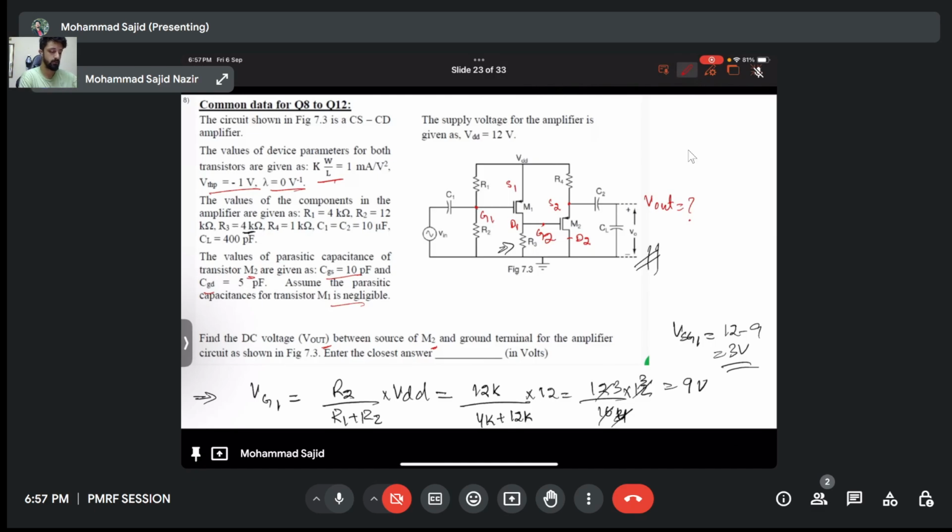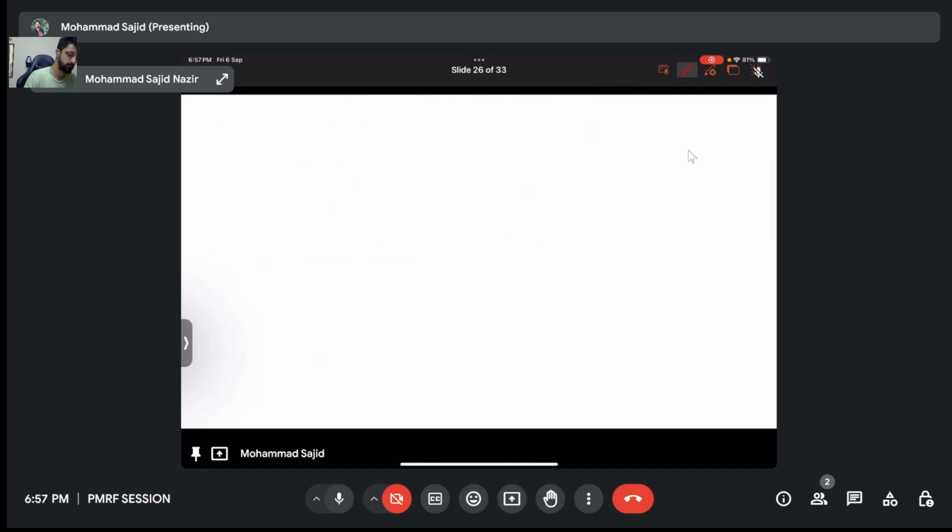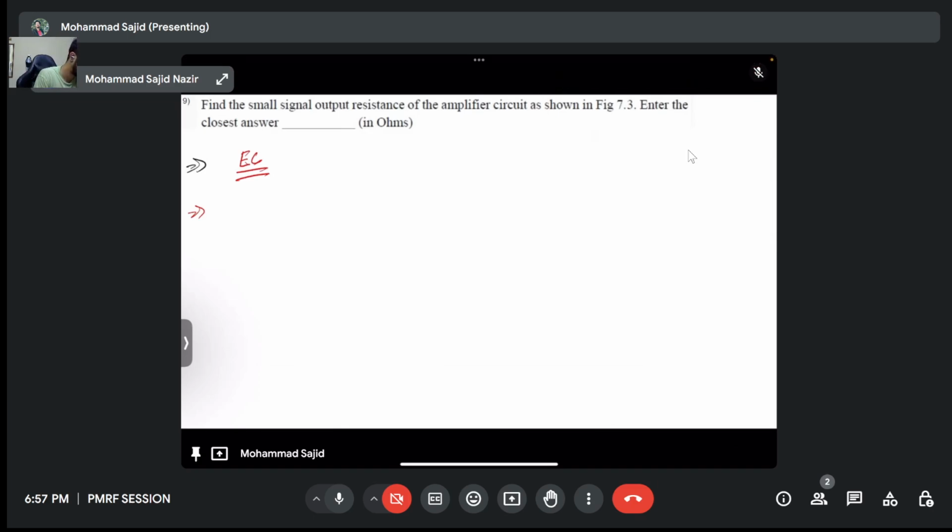Let's draw first for M1, which is simple. Since we need to find the output resistance, we go to ground. If it goes to ground, we don't really need the input. So this is all equivalent to zero, and VGS will also be equal to zero, but I'm drawing it for understanding, so it will be easier to understand.